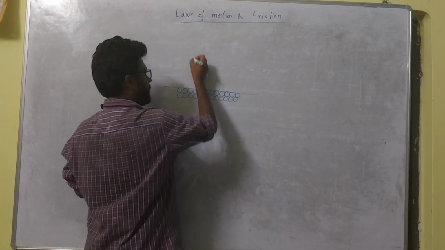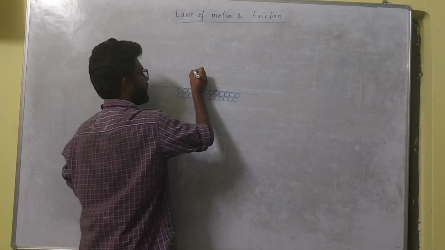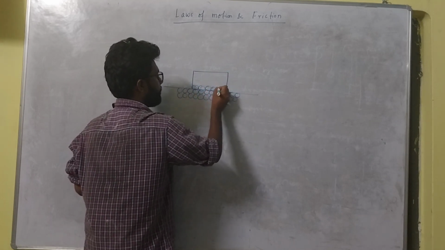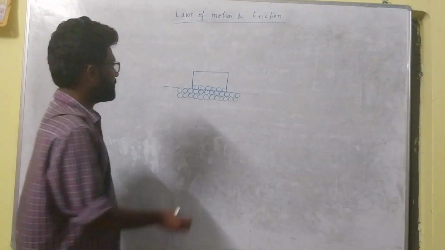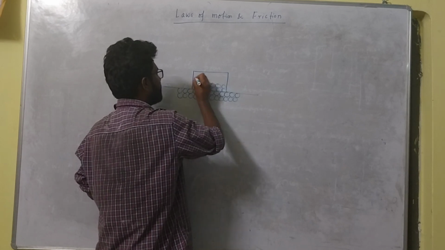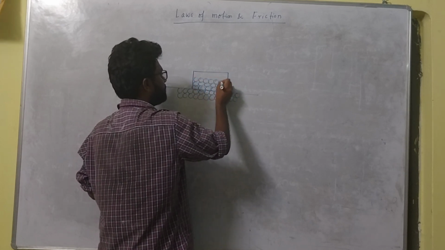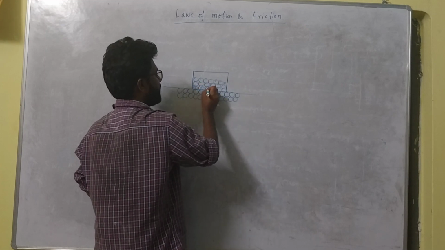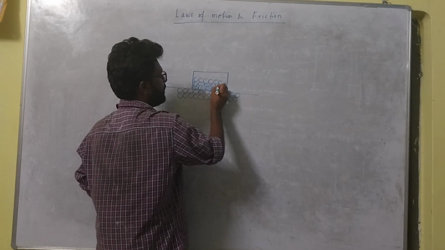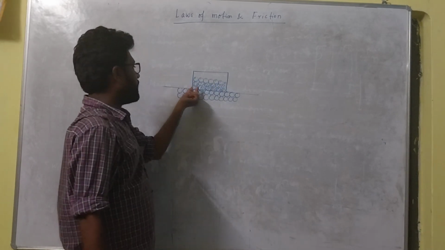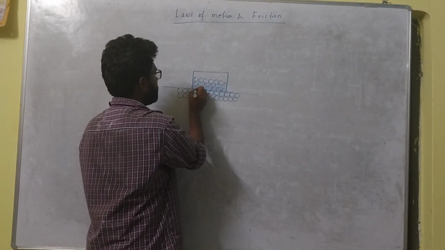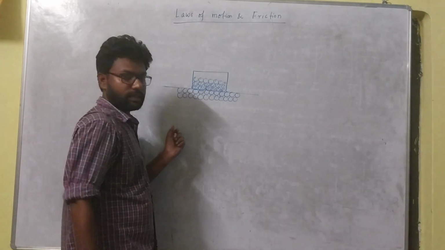Now, if I place a block here and the bottom surface of the block is very smooth, then what will happen? I just drew the atoms of the block. Now what will happen? Just imagine. Each and every atom of the block has a mass, right?